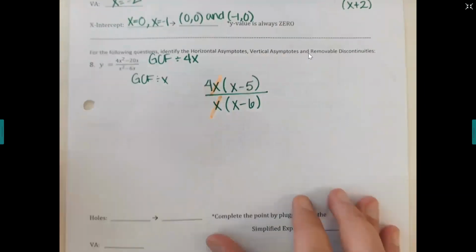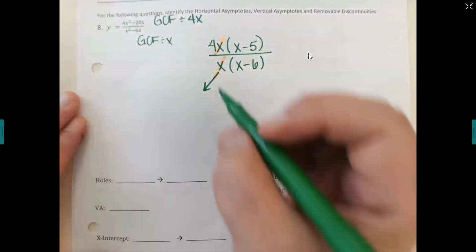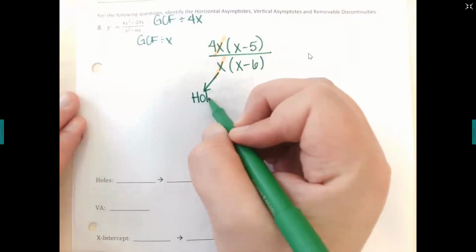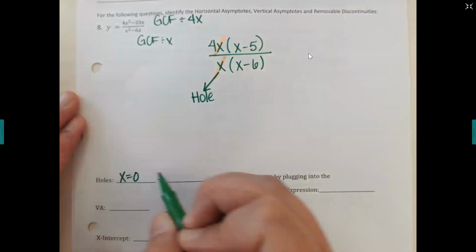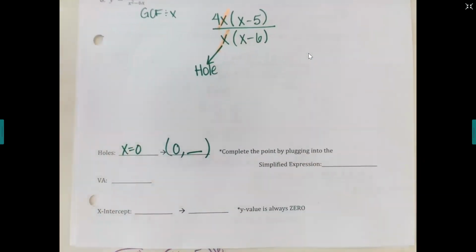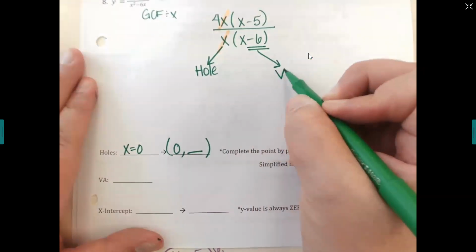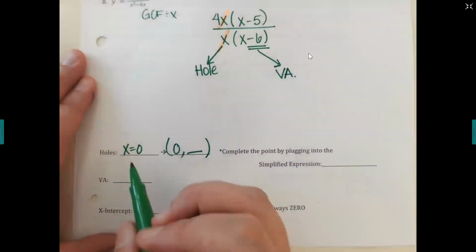So for your hole in the graph, it's gonna be what if it's on the outside? X equals 0. 0 comma something, we'll have to find that. Okay, X is left over on the bottom, create vertical asymptotes. So if I have an X minus 6 left over on the bottom, where will the vertical asymptote be?